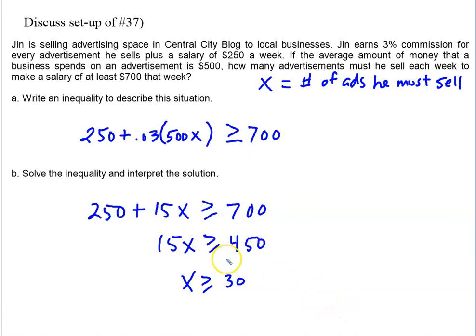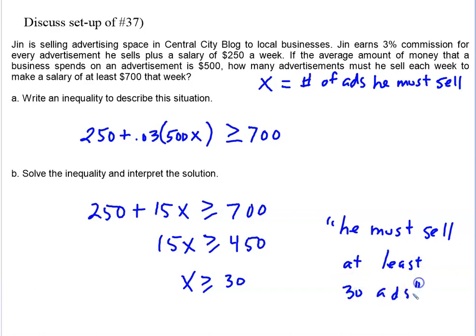Okay, so what we came up with is X represents the number of ads he must sell. According to this, he's got to sell at least 30 ads. And that's it.